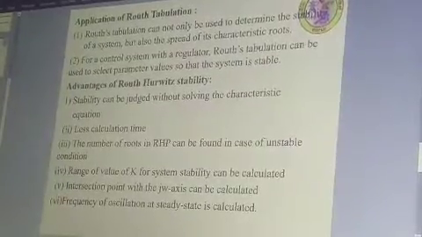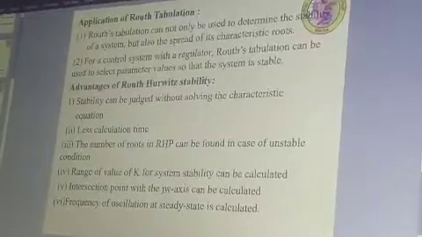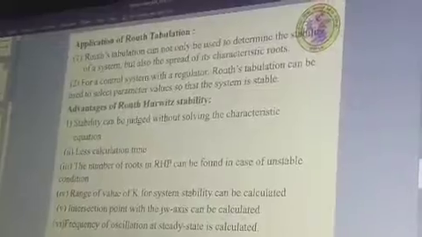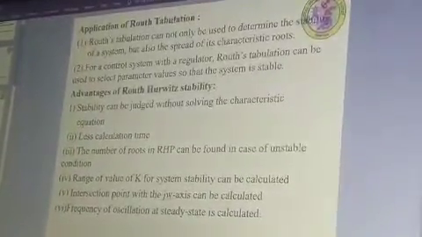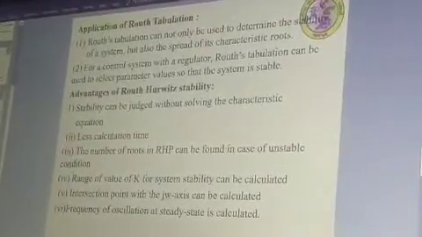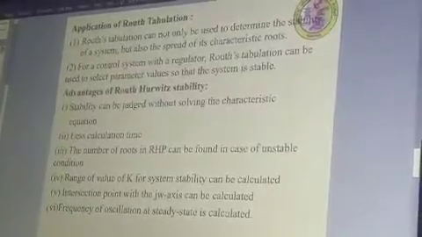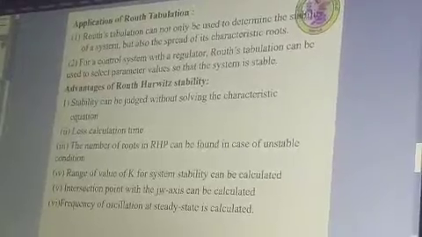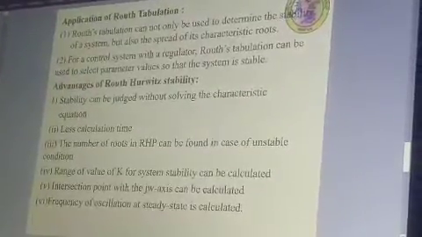The number of roots in the right hand side can be found in case of unstable conditions, when you calculate the number of roots at the right side of the S plane when the system is unstable. The range of values of K for system stability can be calculated.